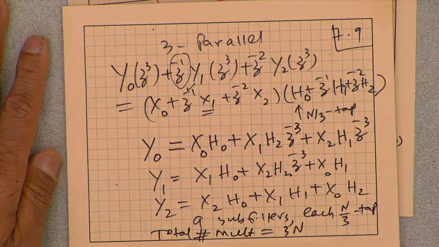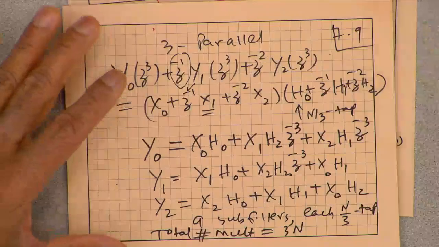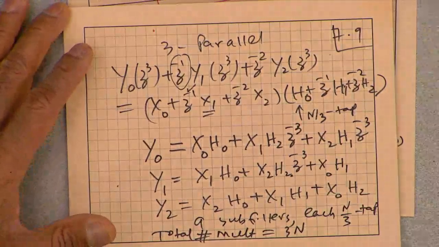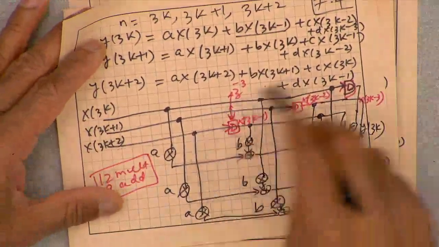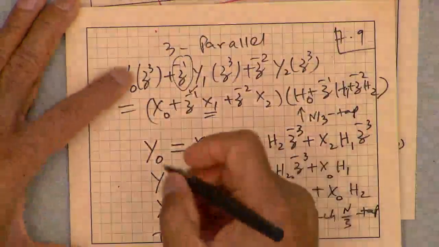We are duplicating the data path 3 times. If you draw a block diagram like this and group them together, you will find exactly the same block diagram that I had drawn before. So this is really equivalent to this description here.